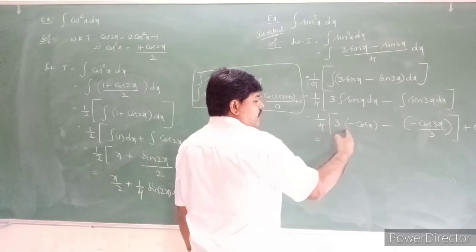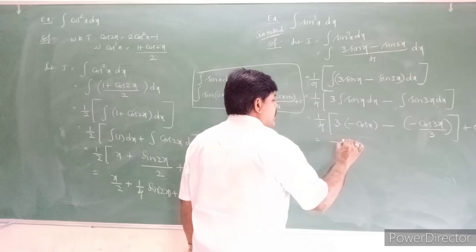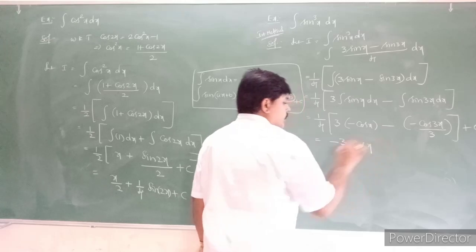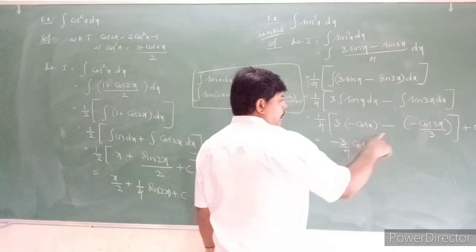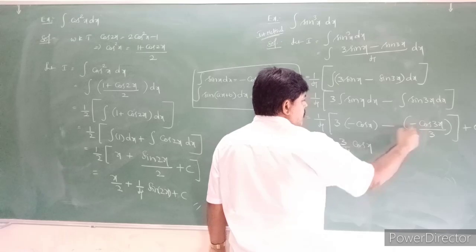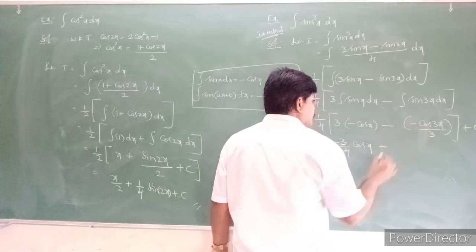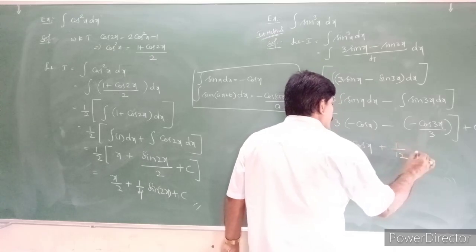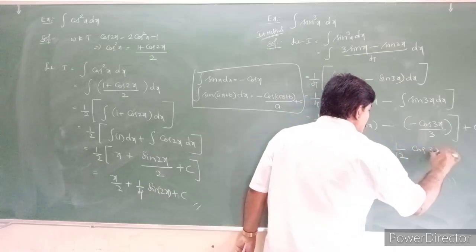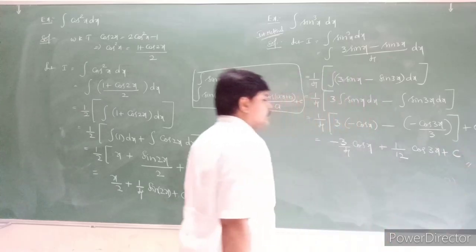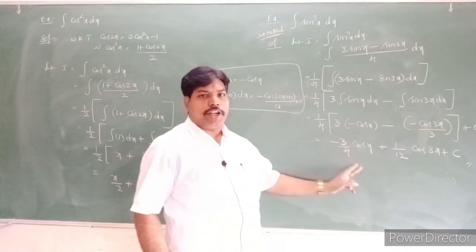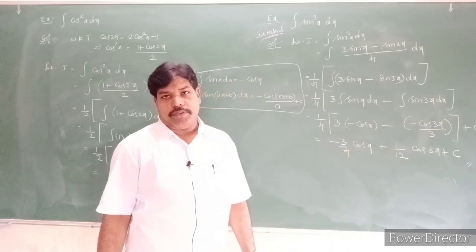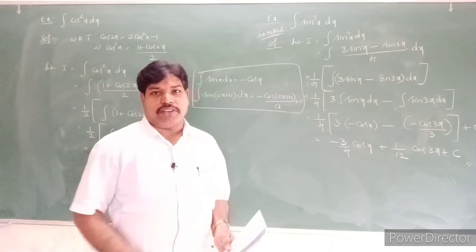So this is minus 3 by 4 into cos x, minus of minus, that is plus, 1 by 12 into cos 3x plus c. So minus 3 by 4 into cos x plus 1 by 12 into cos 3x plus c. So you did it in this method, okay.